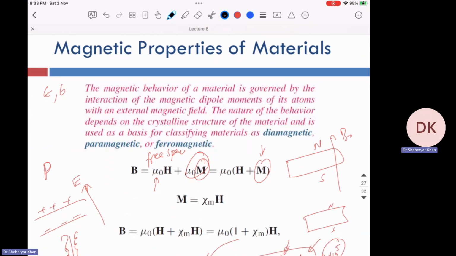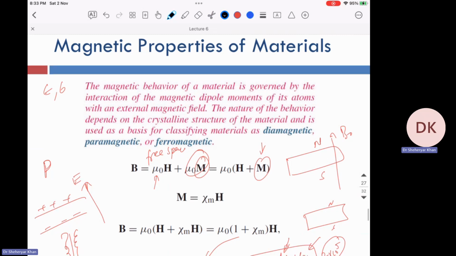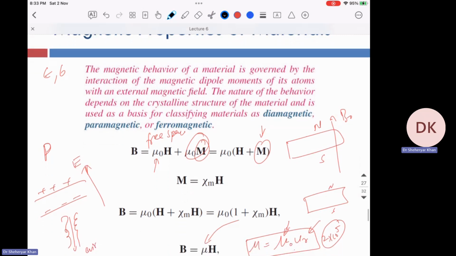Now, the magnetic field, as we discussed before, the intensity depends upon the choice of the materials, right? So we have an exact replica of the electric field here. Remember, we discussed the permittivity for the polarization field.